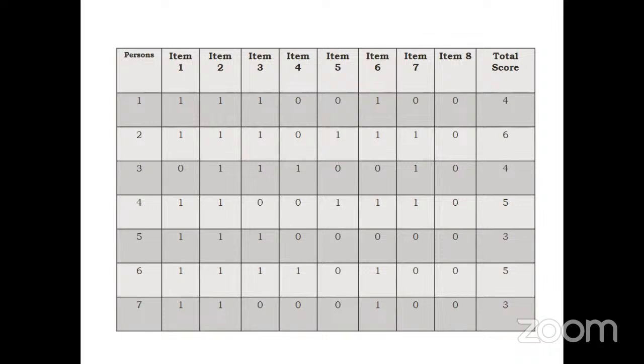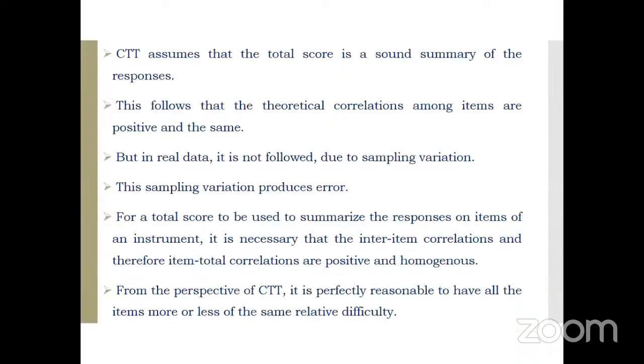Each of them got 4 answers correct, but which items they got correct were not the same. The same thing is true for persons 5 and 7, and again persons 4 and 6. This is how we get the data in a real situation when we administer a set of items to a number of individuals.